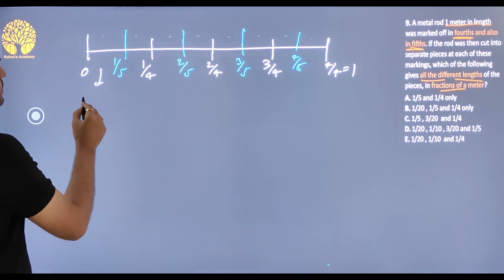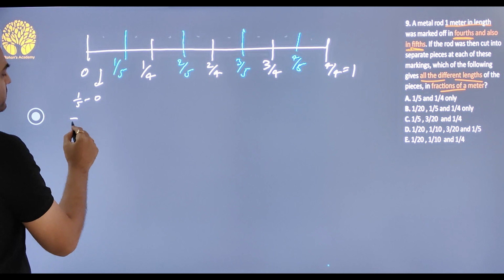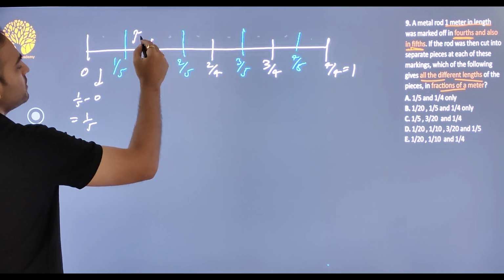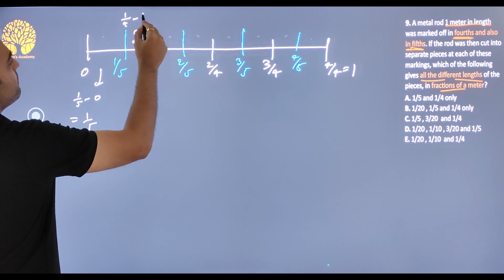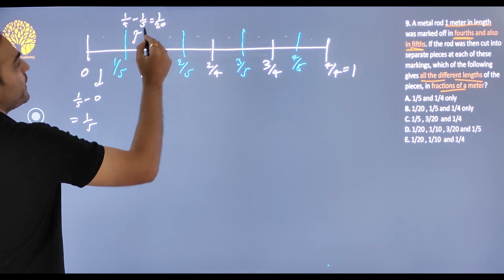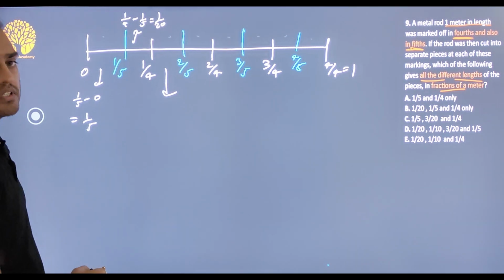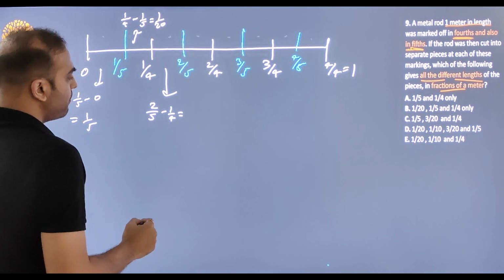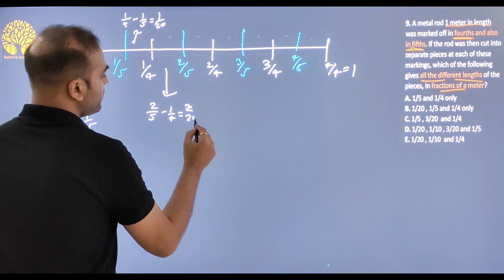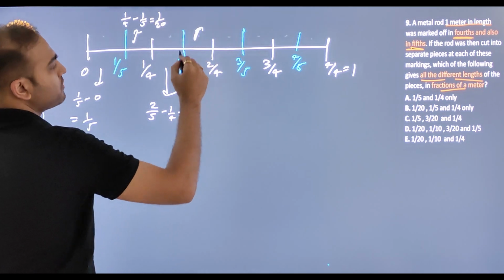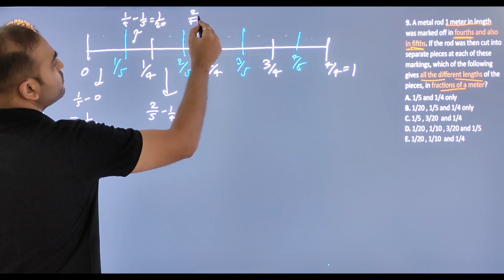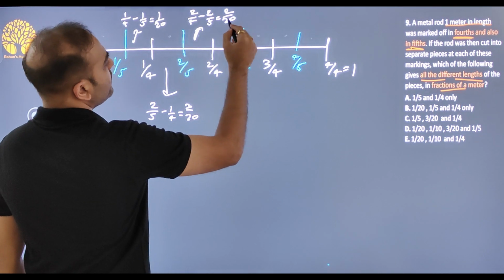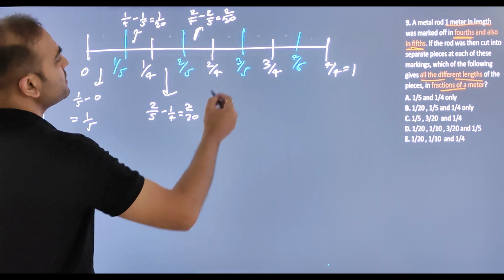The length of this one is simply 1/5 minus 0, which is 1/5. Length of this piece, 1/4 minus 1/5, that's 1/20. This piece, 2/5 minus 1/4, 3/20. This piece, 2/4 minus 2/5, that is 2/20, which is essentially 1/10.